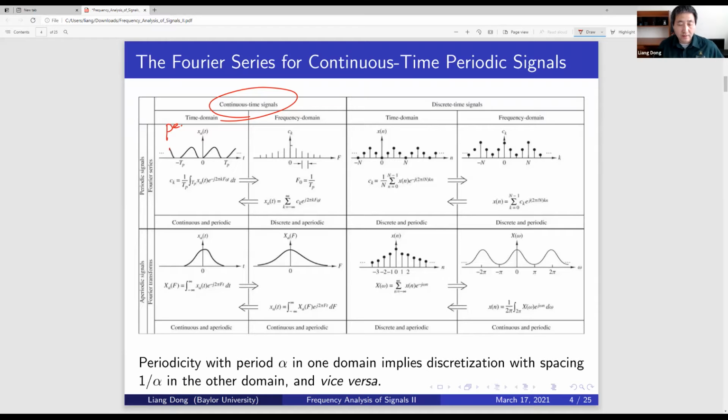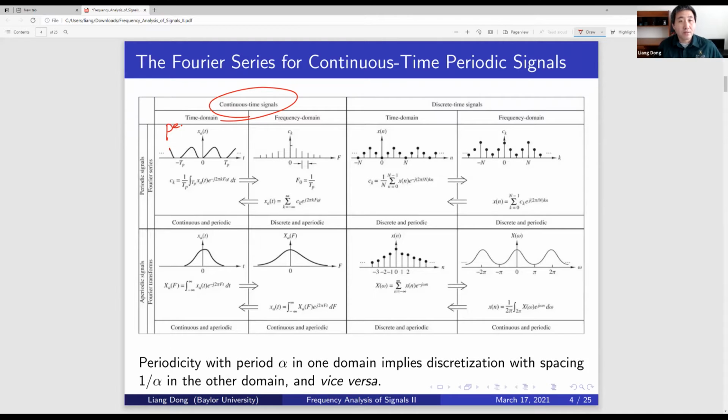These are the signals originally developed or explored by Fourier, continuous signals that are periodic, like a pure sine wave, a sinusoidal function, or a pure cosine function. If you look into the frequency domain, it will be discretized in frequency.